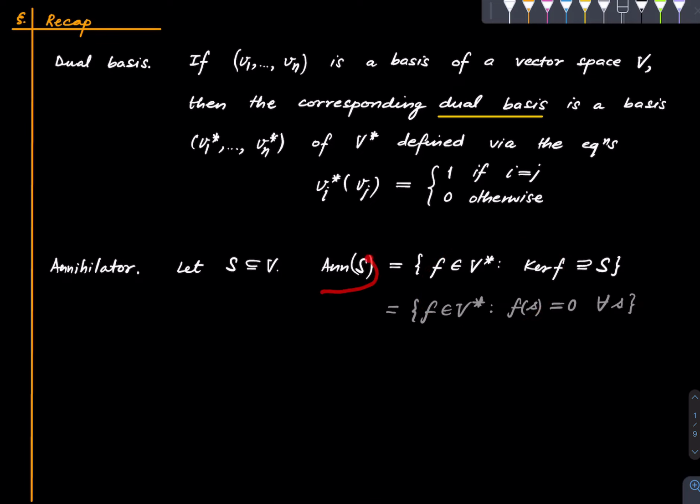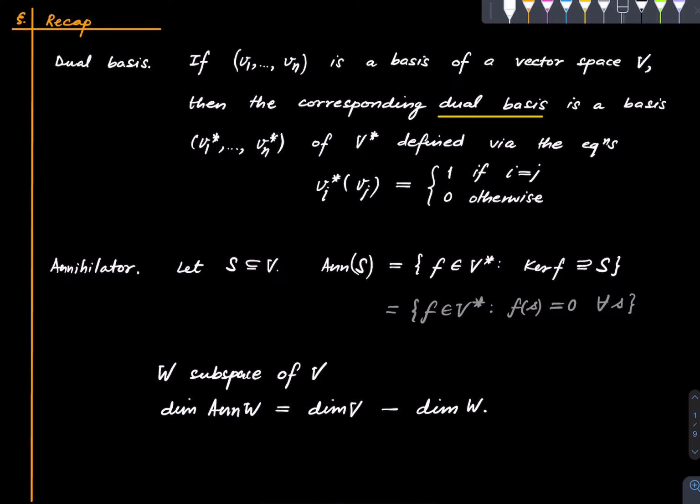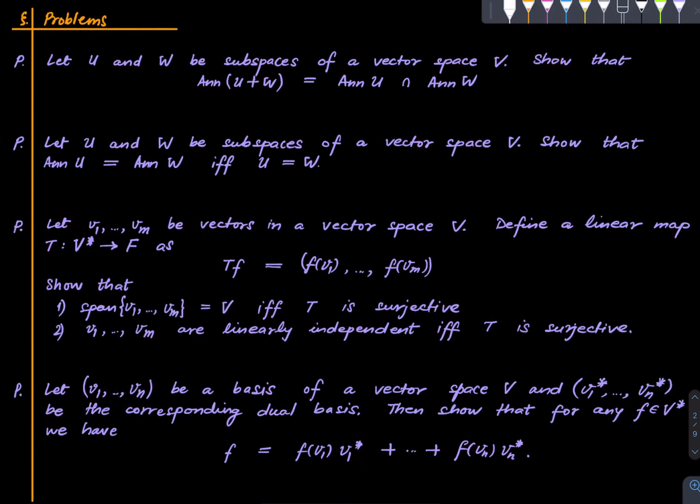And we notice that this is always a subspace of the dual of the vector space V, and we also notice that if W is a subspace of V, then the dimension of the annihilator of W is the dimension of V minus the dimension of W. So we saw this also. All right, here are some problems. As usual, one is encouraged to solve these before proceeding.